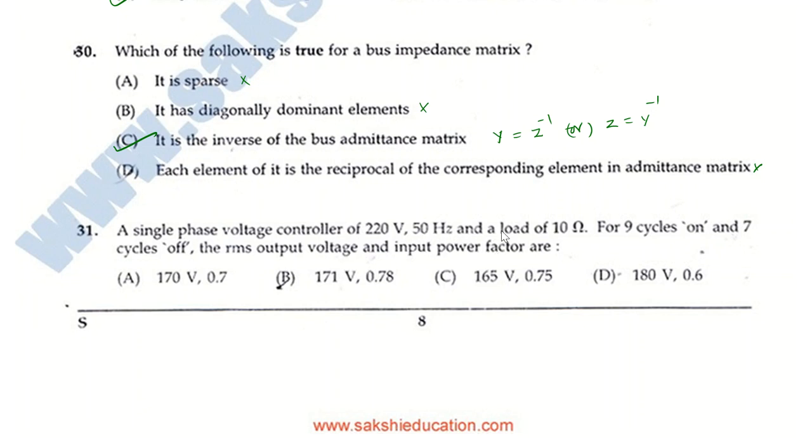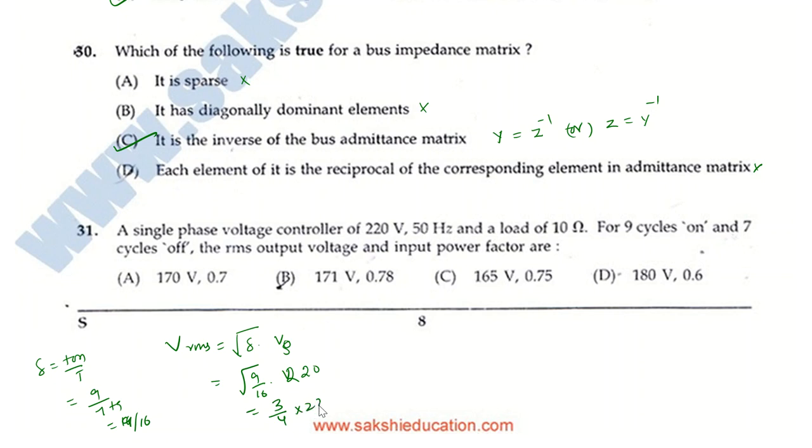So VRMS is square root of delta into Vs. Delta is T on by capital T. T on is 9, and the total is 7 plus 9, which is 16, so 9 by 16. Square root of 9 by 16 into Vs, which is 220, so it's 3 by 4th of 220.